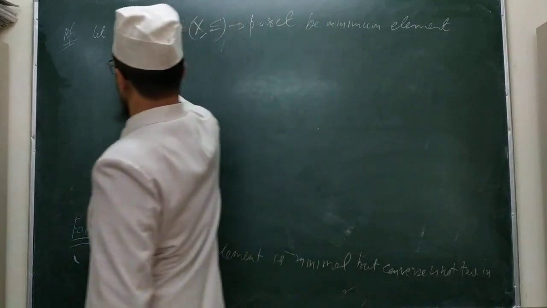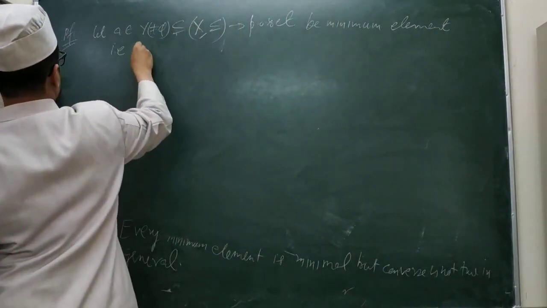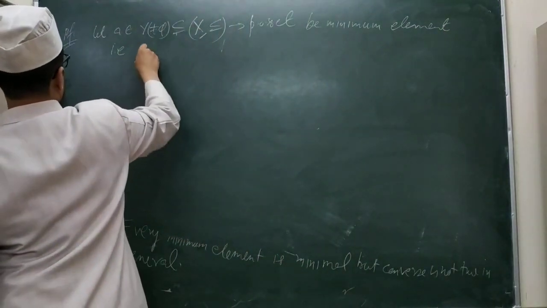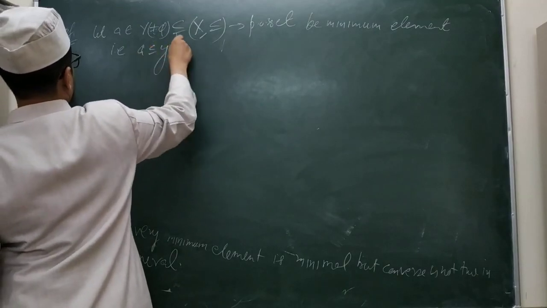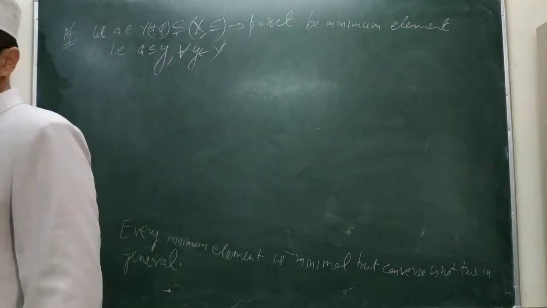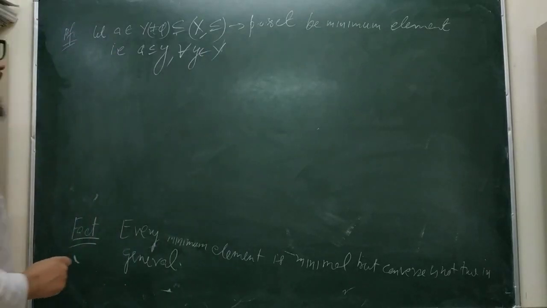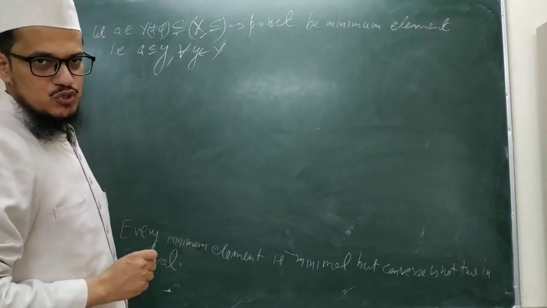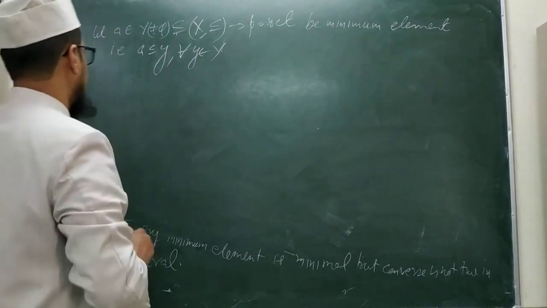That is what we have, that is, we have a less than or equal to y for every y belongs to Y. Now, what is our claim? Our claim is to show that a is a minimal element.